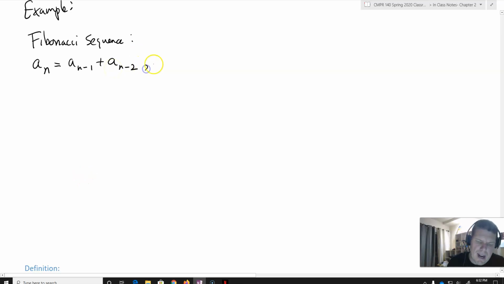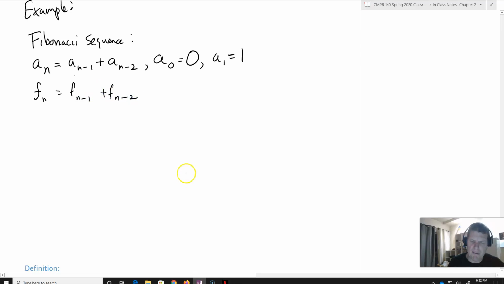All right, and that means that we're going to need two initial conditions. I'm going to get a naught equals 0 and a1 equals 1. Okay, in your book, they call it fn, and they say that fn minus 1 plus fn minus 2 defines the Fibonacci sequence.